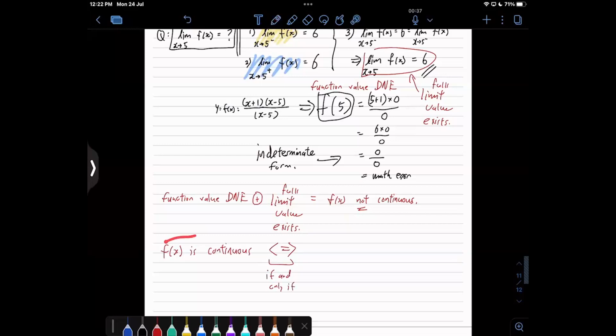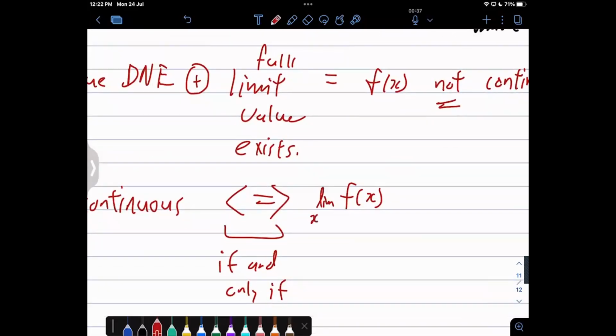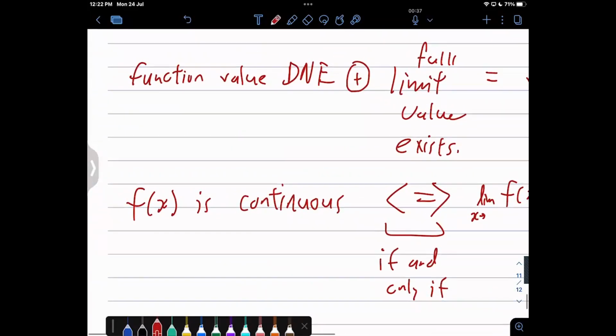It means you assume this is true, you can conclude the other guy. You assume the right side, you can also conclude the left guy. But what's the right side? It's the condition that f of x is continuous at x equals a, where a is some fixed constant.